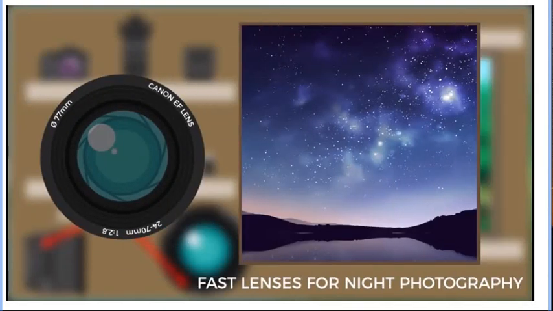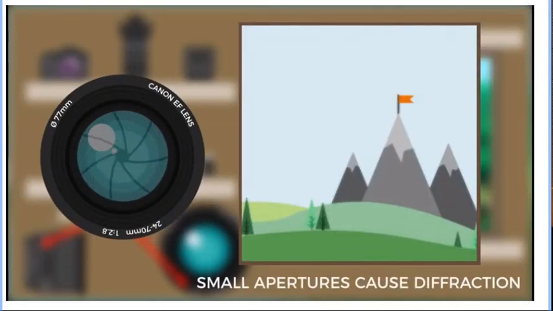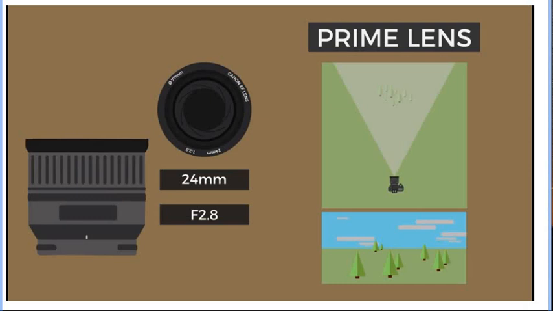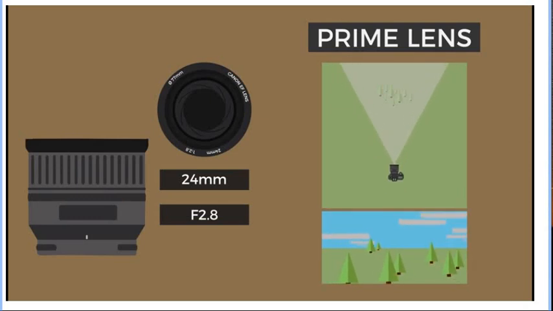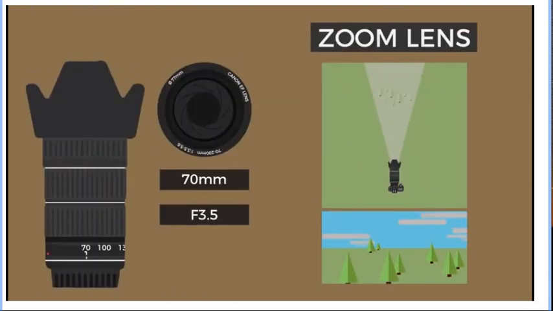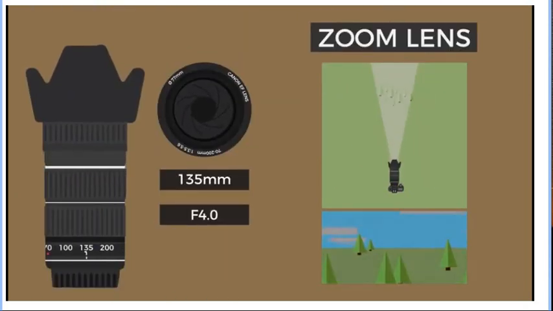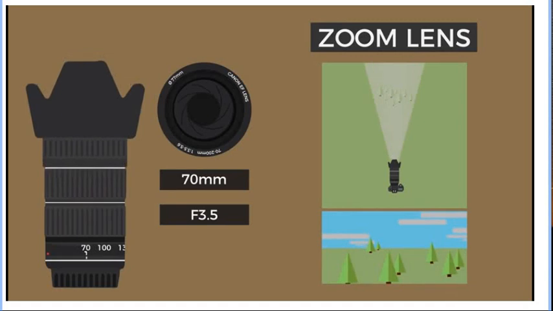The minimum aperture of a lens is usually not important and should rarely be used, as diffraction will cause the image to lose clarity. It is also worth noting the two types of lenses, primes and zooms. Prime lenses have a fixed focal length, meaning they cannot zoom without physically moving closer or further away from the subject. Zoom lenses give you the flexibility to zoom in or out of an object while remaining stationary.